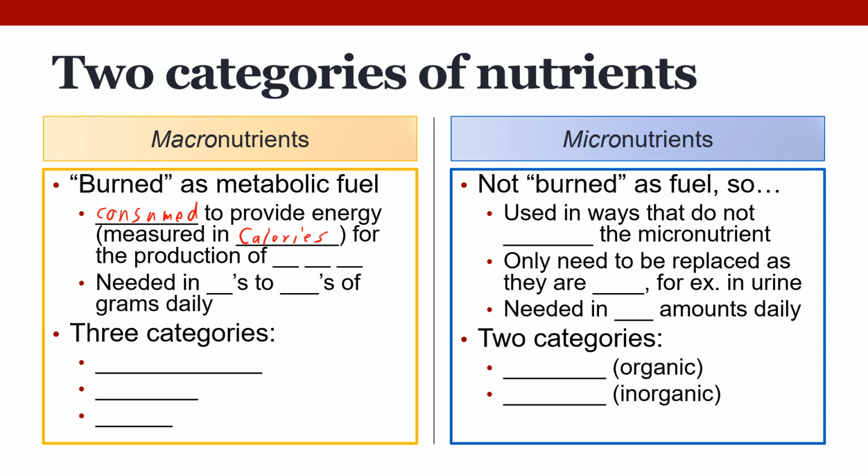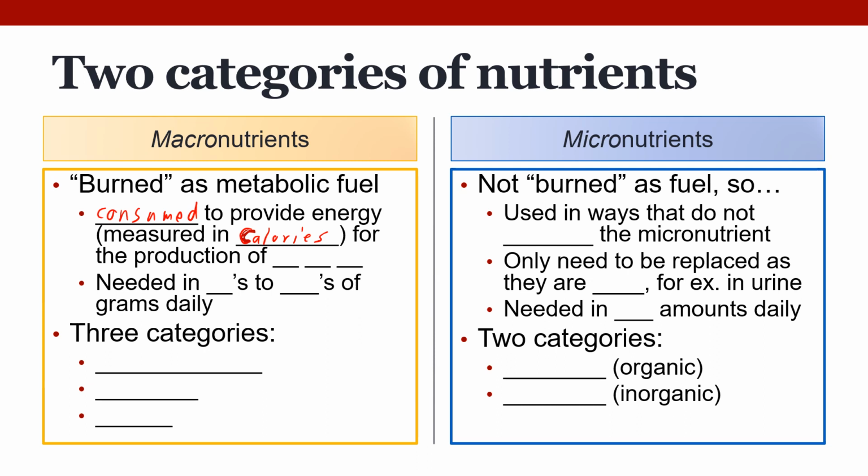And to make the distinction, we capitalize the word calorie here. So a capital C calorie is 1,000 grams of water. A little c calorie is what you would use in chemistry class for a single gram of water.